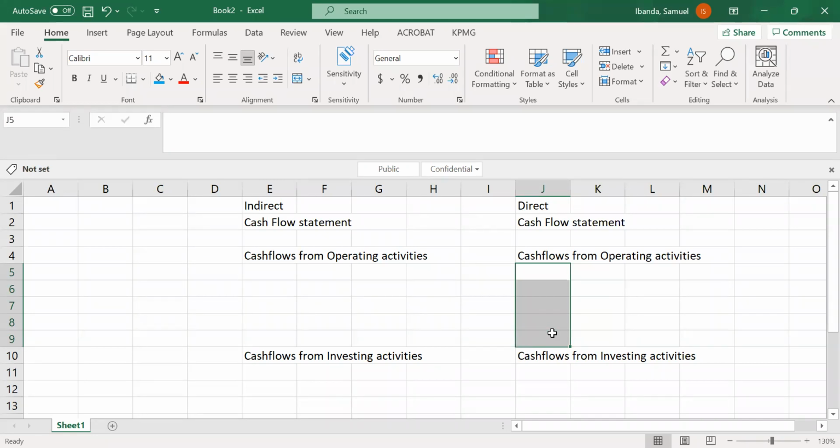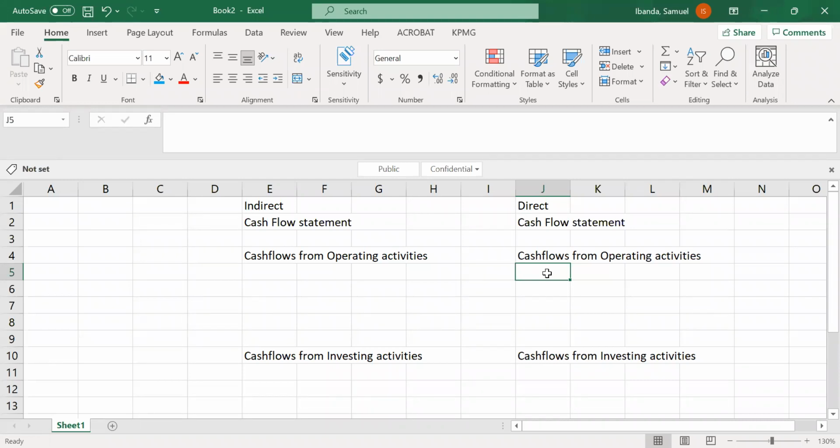Now, when they say direct cash flow, this is not something that should confuse you or that you should see as hard. This is the direct cash that you understand. The direct method tries to look at things directly. For example, we know that operating activities looks at cash flows to do with the day-to-day, like sales and purchases.